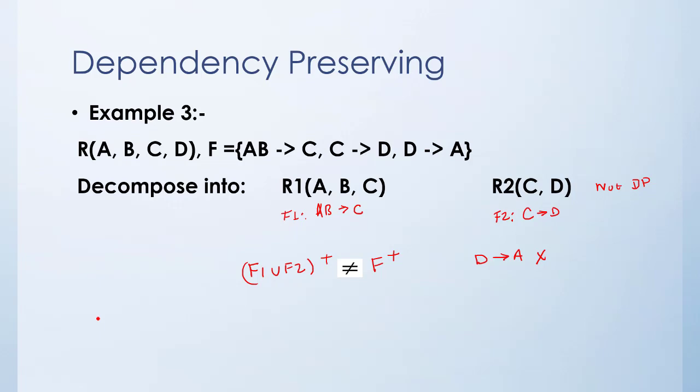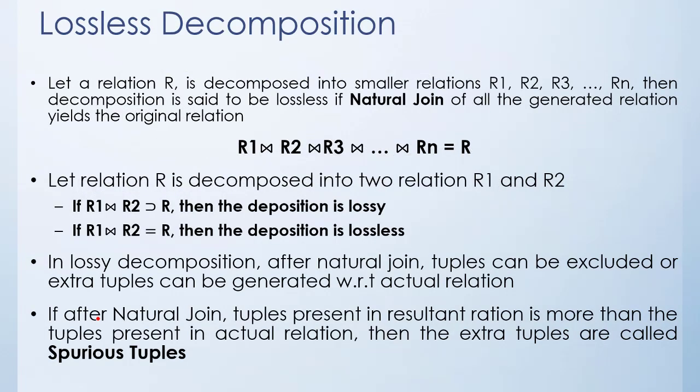So let us discuss the lossless decomposition. Lossless decomposition basically tells that if we decompose a relation into some smaller relations, and if we perform the natural join of the smaller relations, we should get the same result as the original relation.